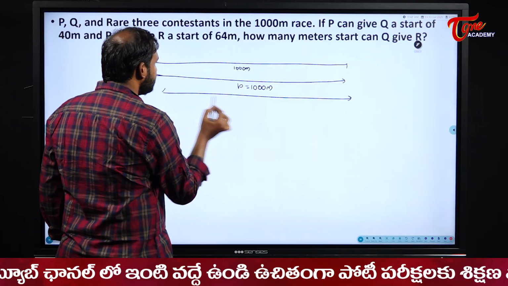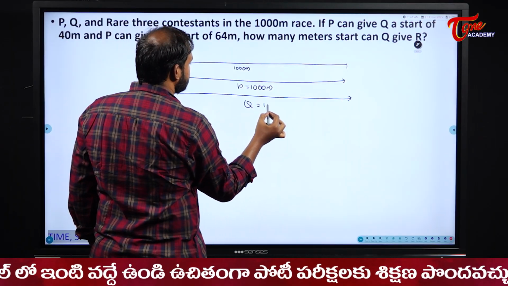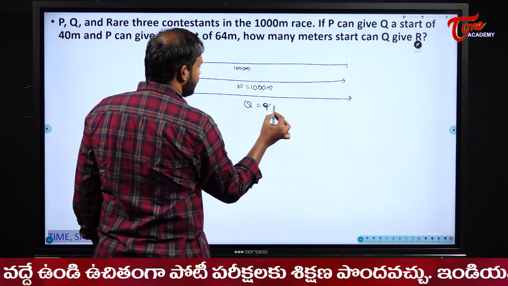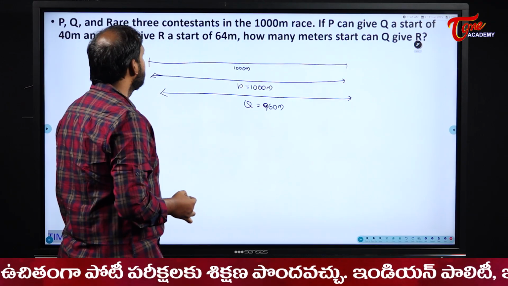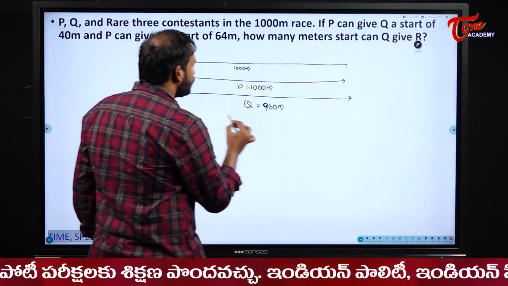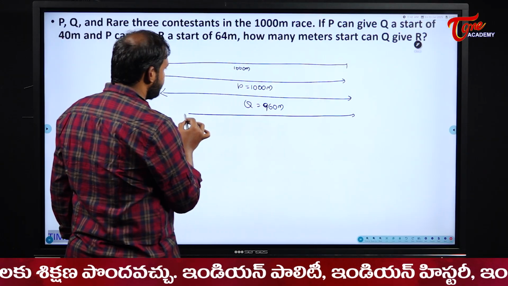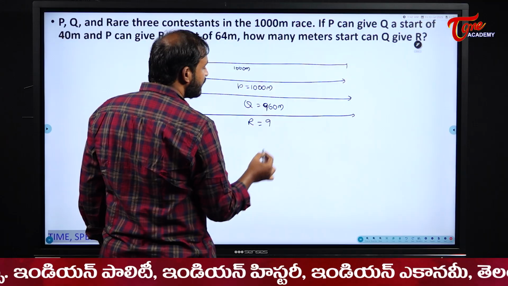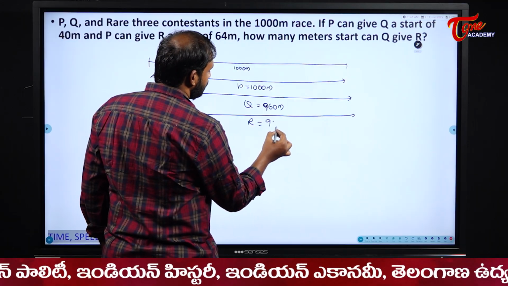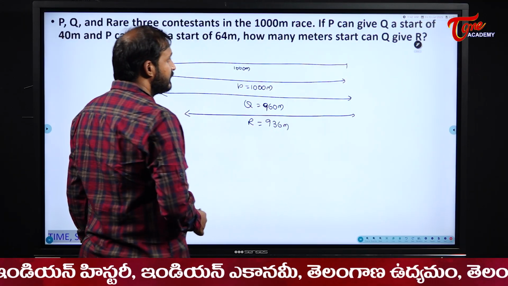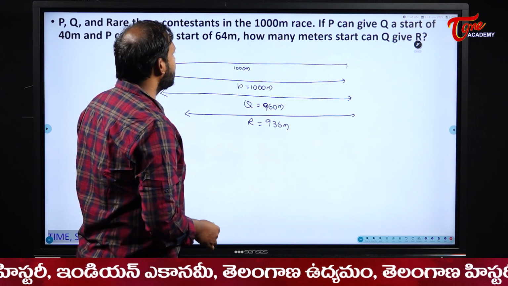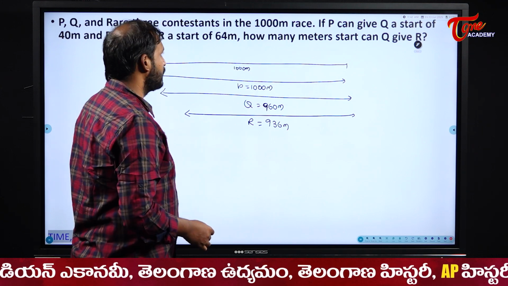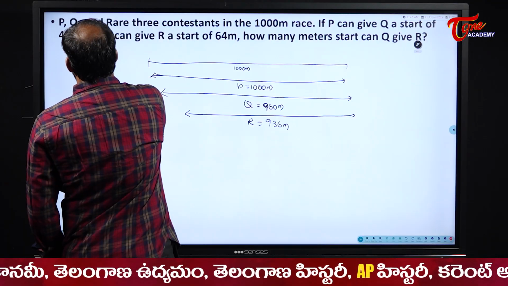Q will cover 960 meters, because he is getting a start of 40 meters. When it comes to R, 1000 minus 64 will become 936 meters. Now they are asking how many meters start can Q give R in the same race.